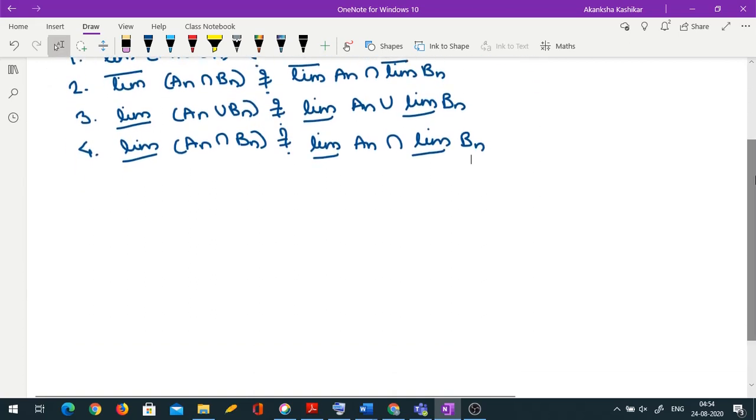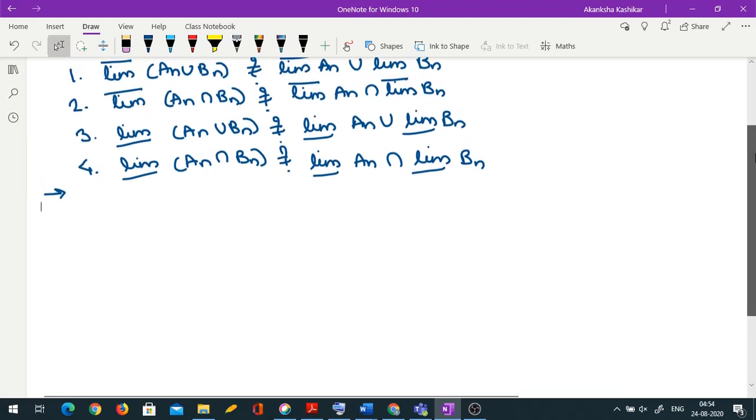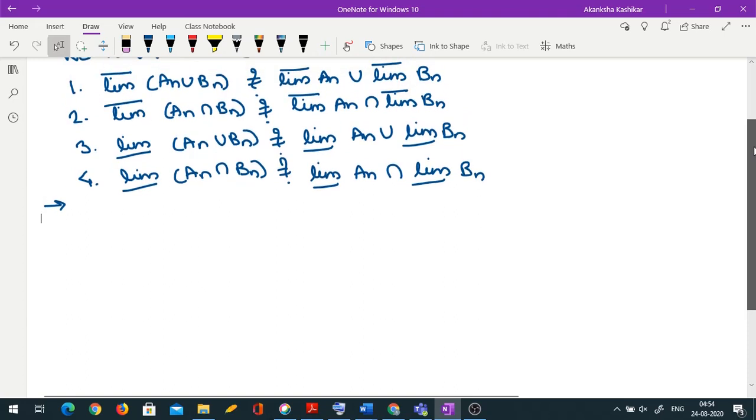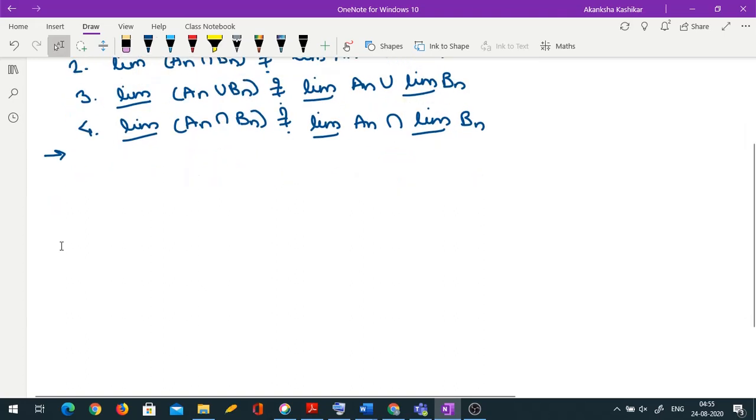We are going to use maybe some of the results that we derived yesterday, but mainly as hints. They would give you some hunch. So let me first write about the LHS and RHS of the first part. What I want is lim sup of An union Bn.